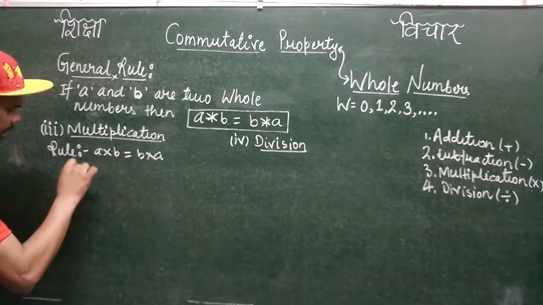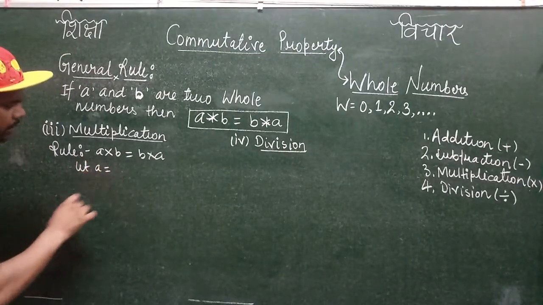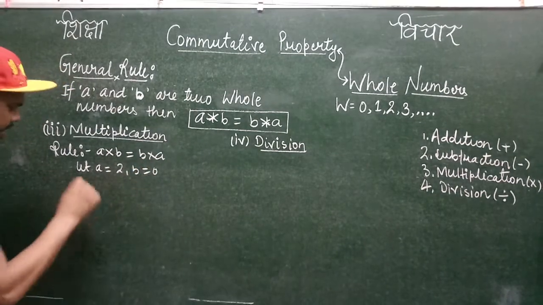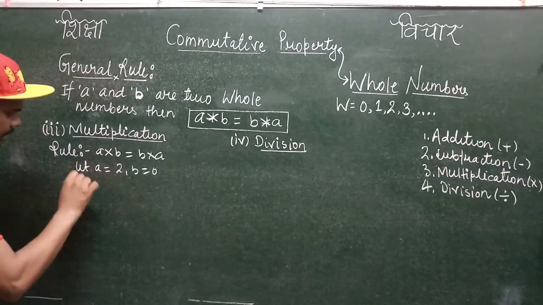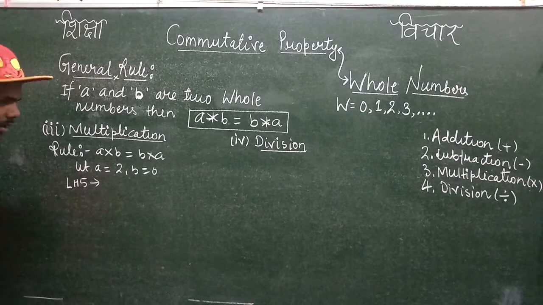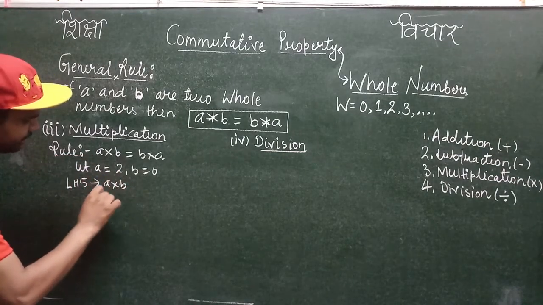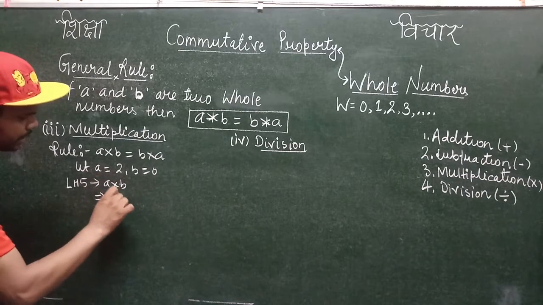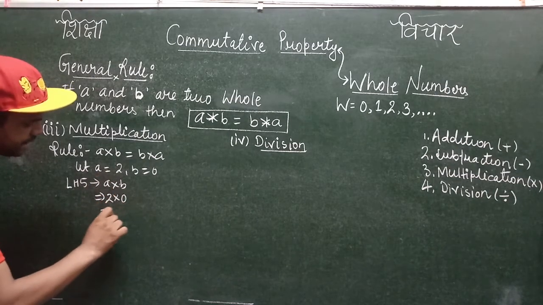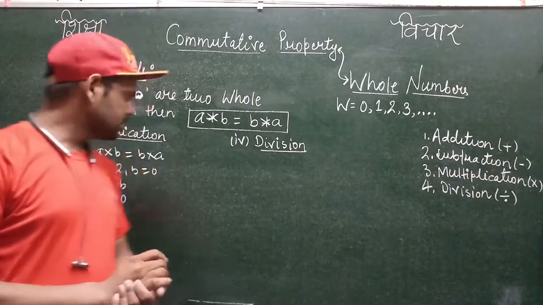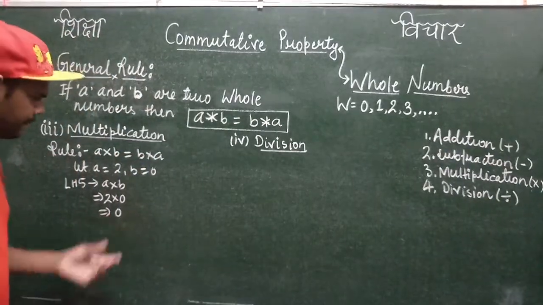Now again take A equals 2 and B equals, suppose, 0. Then what will the left hand side be? A multiply B, where A is 2 and B is 0, this will give us 0, because whenever we multiply any number by 0, the result becomes 0.